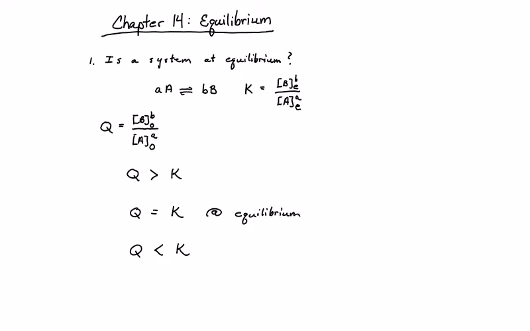Okay, if Q is greater than K, that means that we have too much of the numerator, not enough of the denominator. In other words, we have too many products. The only way that we can have less products and more reactants is if the reaction is going to shift to the left.